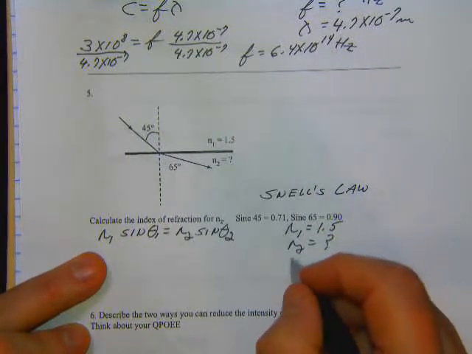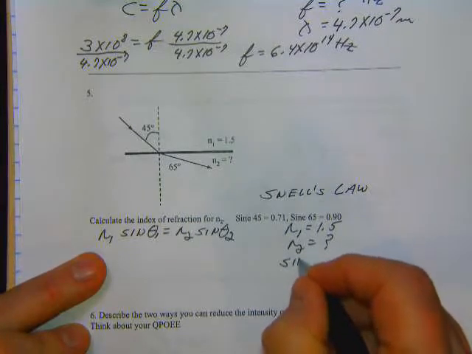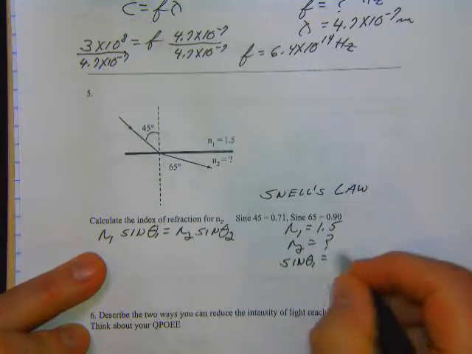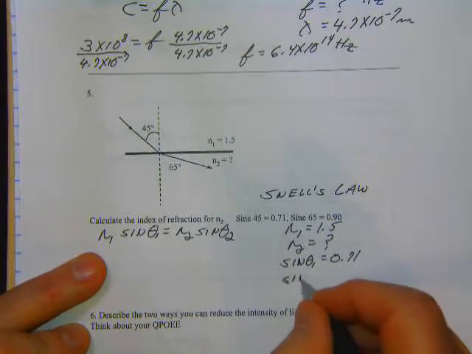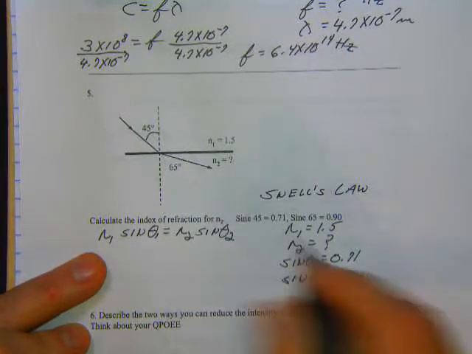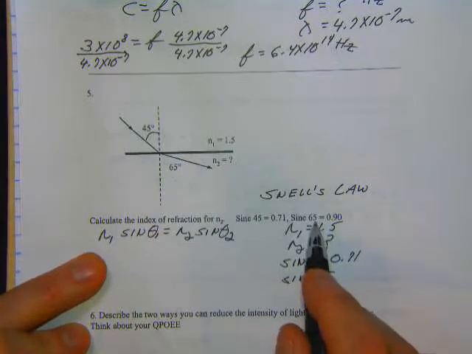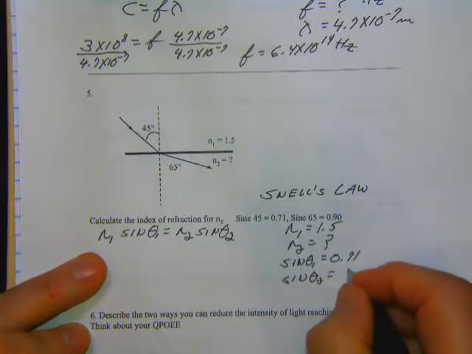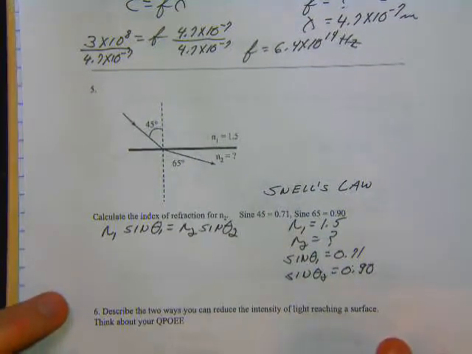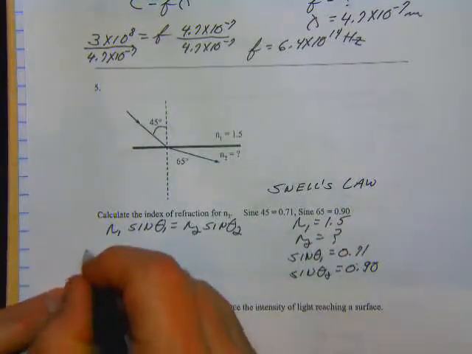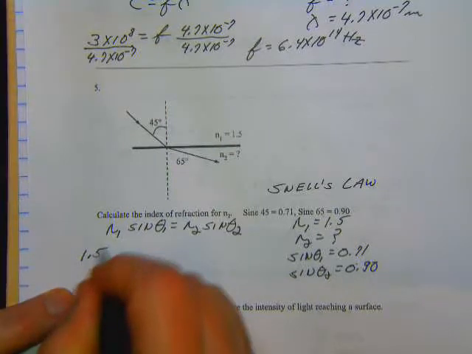So I can say sine theta 1 equals 0.71. Sine theta 2, the angle is 65, and that's 0.90. And now we'll just plug in. N1 is 1.5.